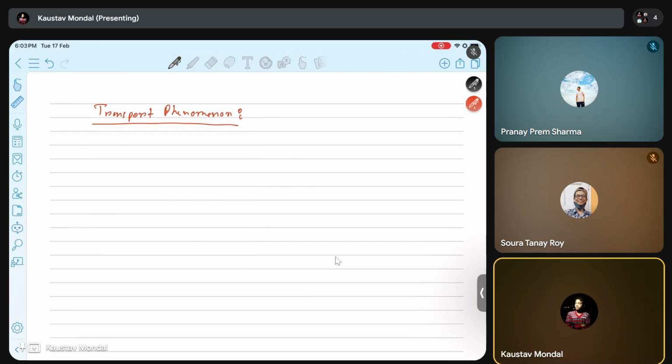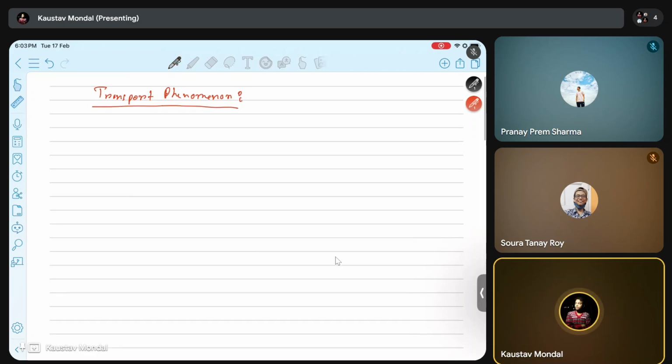So we started our discussion with three types of equilibrium. One is the thermal equilibrium. Second one was the chemical equilibrium.